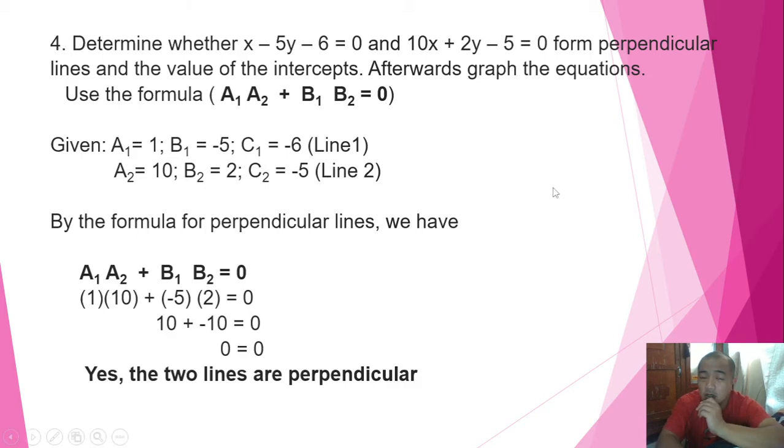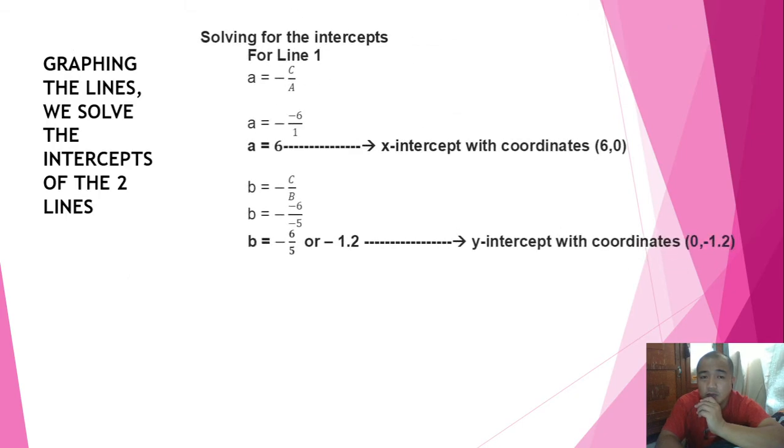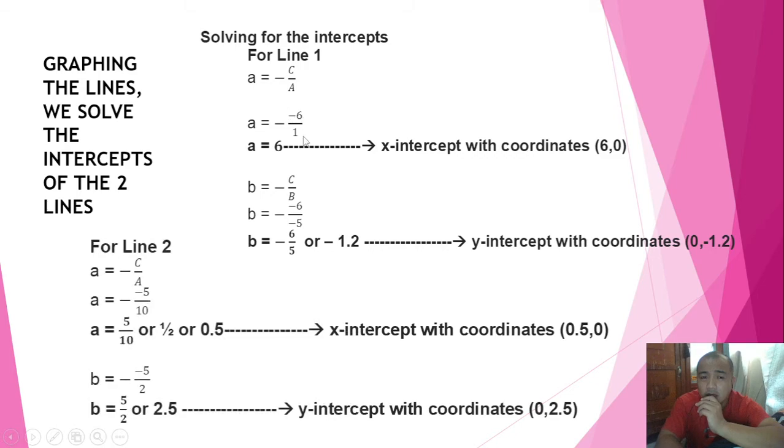Let us now show by graphing them. And by graphing them, we must solve the x and y intercepts of these two lines. For line 1, the x-intercept is 6, y-intercept is negative 1.2. You know the formula for x-intercept, negative c over a. For y-intercept, negative c over b. For line 2, x-intercept 0.5 or 1 half.